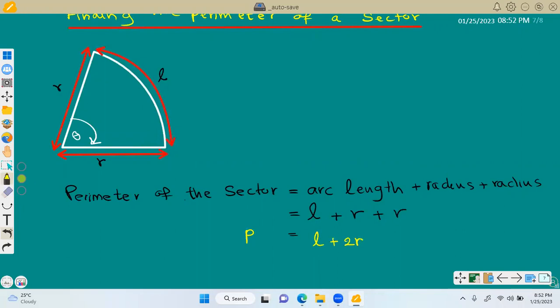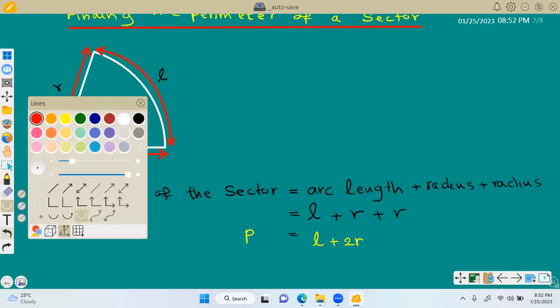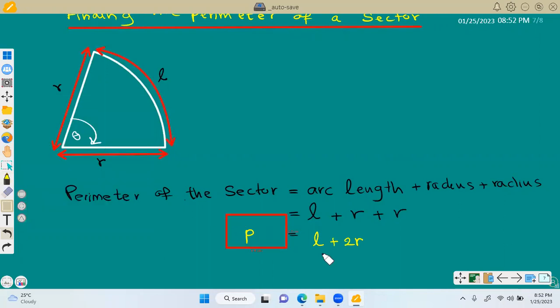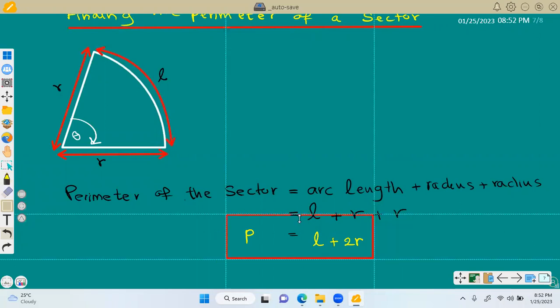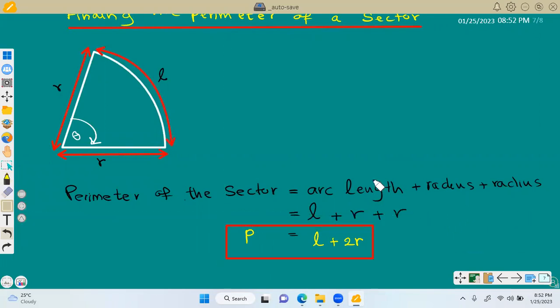Okay, you have to remember that perimeter means total outer length, and to find the perimeter of a sector, you have to add the arc length and the two radii. Okay, did you understand? Please write down this one.